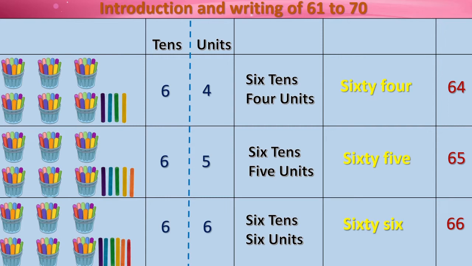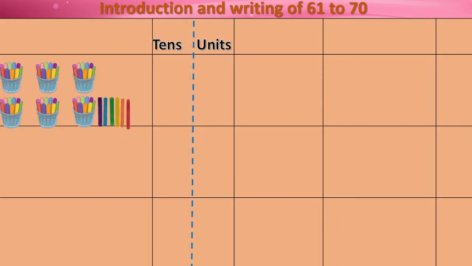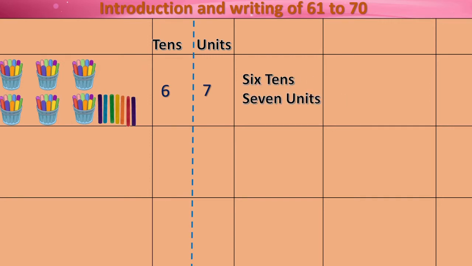We'll proceed further by adding one more stick to these 66 sticks. See here. Now here we got 6 tens, 7 units. Right? 7 single sticks are there beside these baskets. So our number is 67. Correct? And in numeral that is 60 and 7.